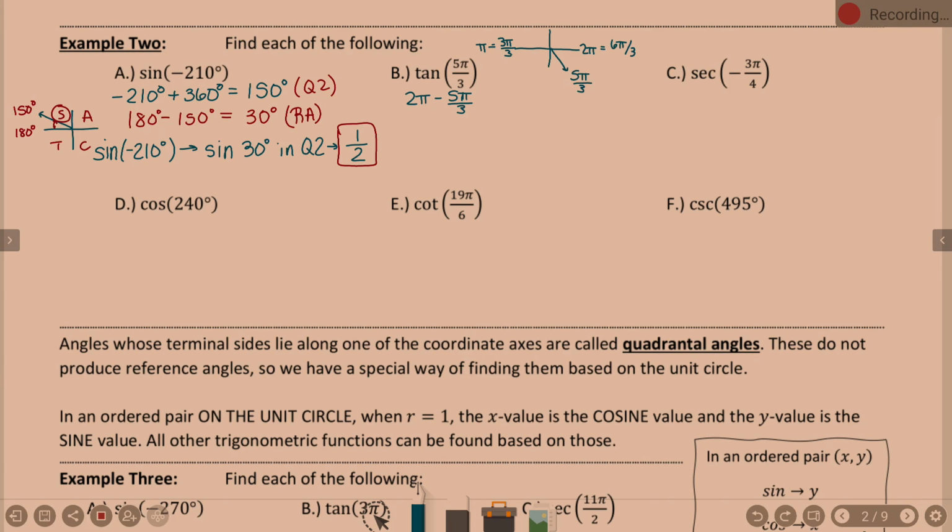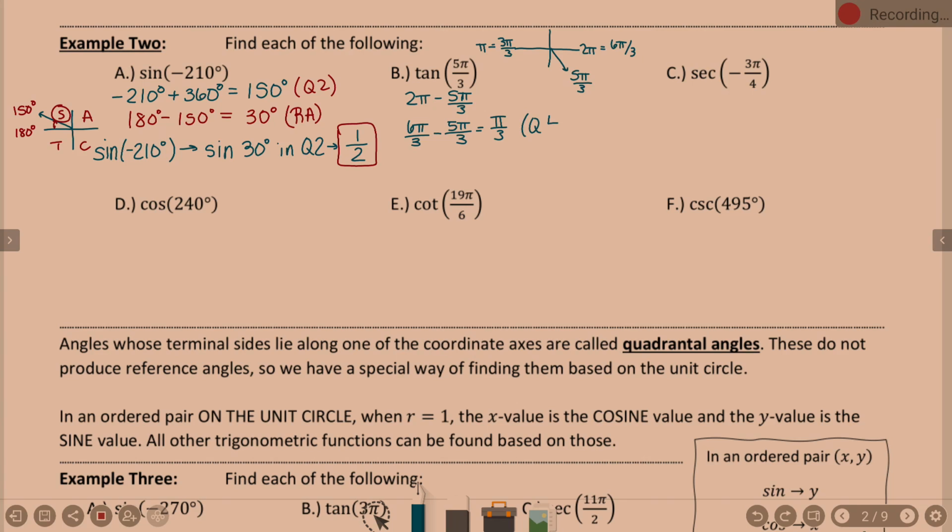So my brain says 6 pi over 3 minus 5 pi over 3, which is pi over 3. And that is in quadrant 4.